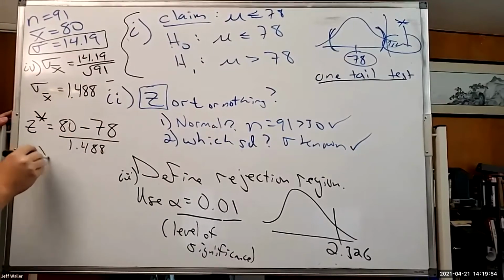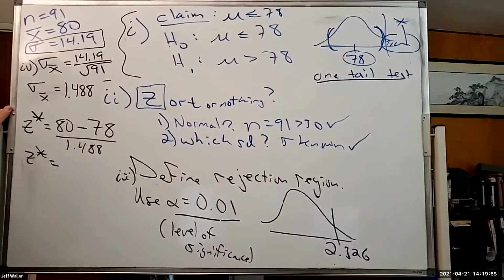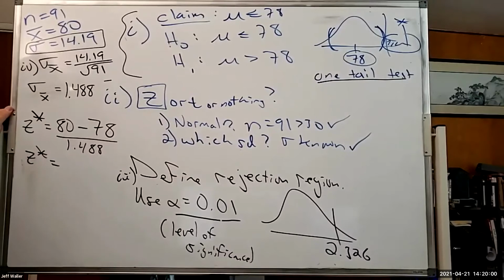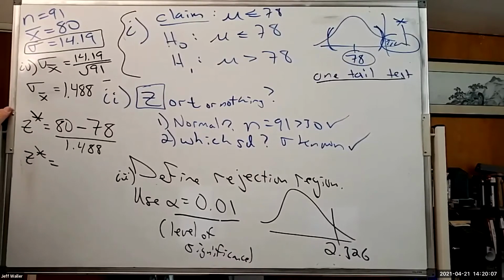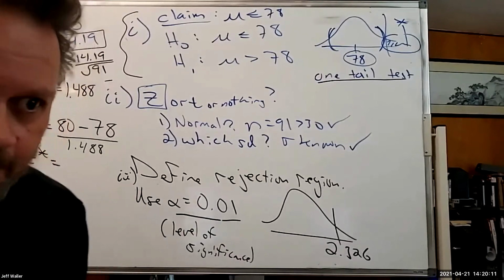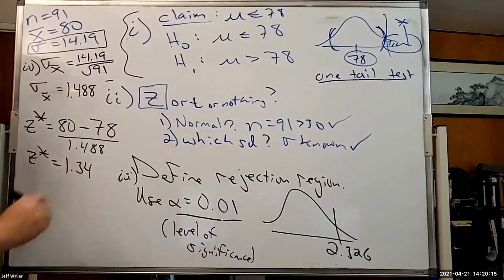So somebody help me out. What do you guys get when you do that? 1.3 something. 1.344.